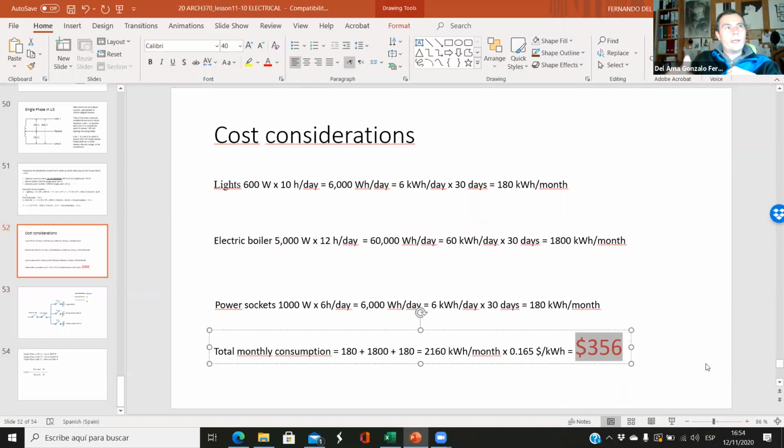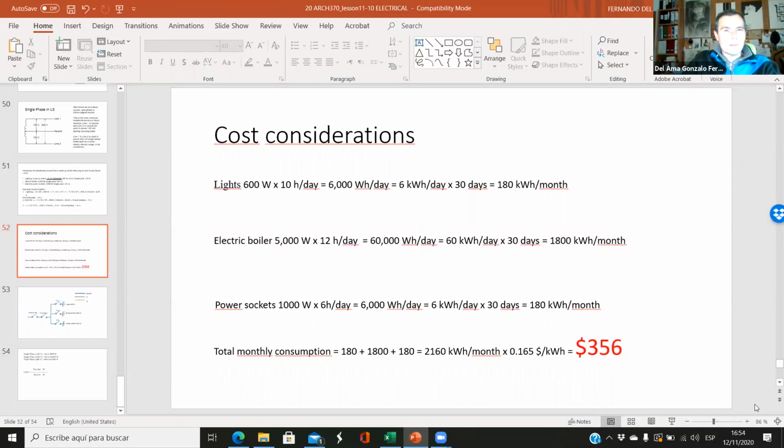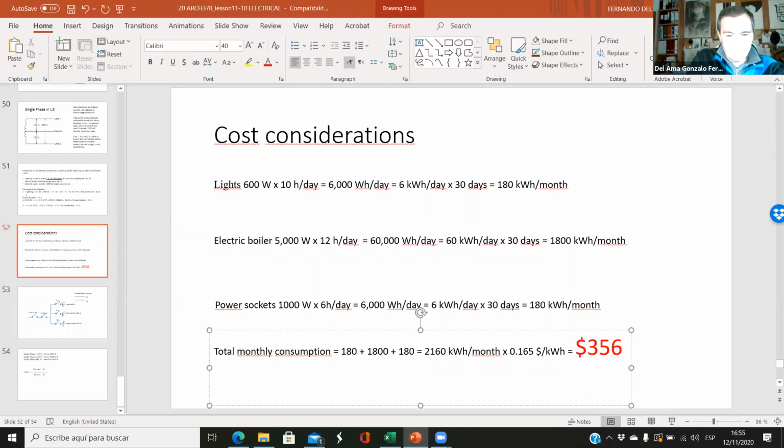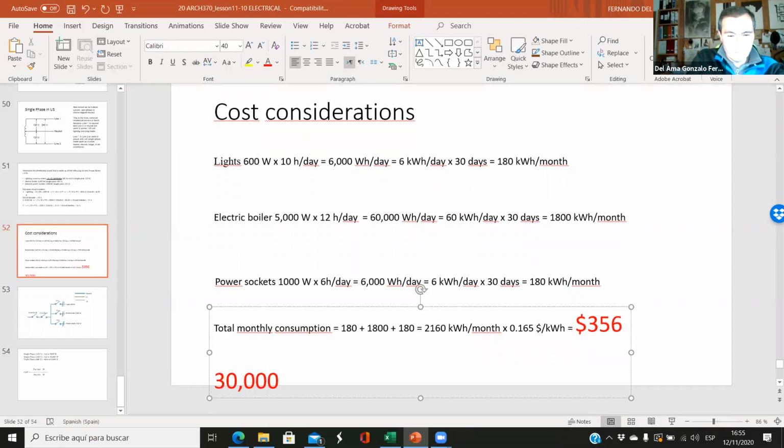And now it's a question: how much money do I have to pay up front? If I have a zero energy building, this electricity bill is for free, so I'm saving this every month. Now, what is the cost of this PV array with the inverters, with the batteries? If I need batteries, what is that cost? I don't know, $30,000. Okay, if it costs $30,000, let's say, divided by 356.